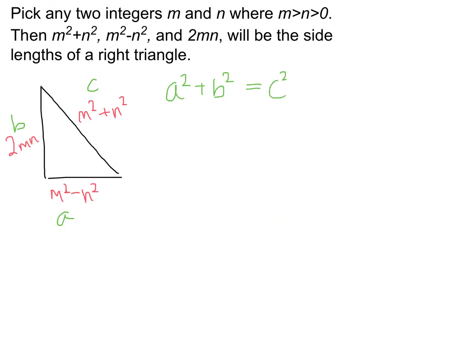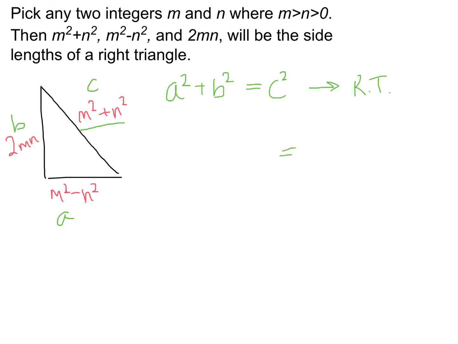And if that is true, then it is a right triangle. Okay? And so here in this case, the length of side C is m squared plus n squared.